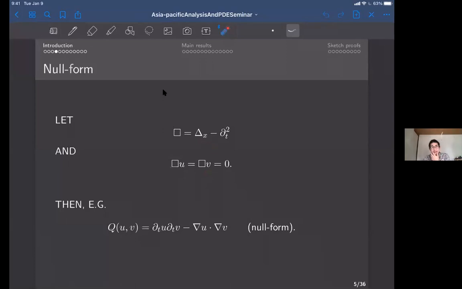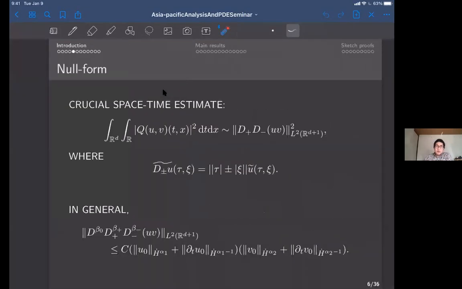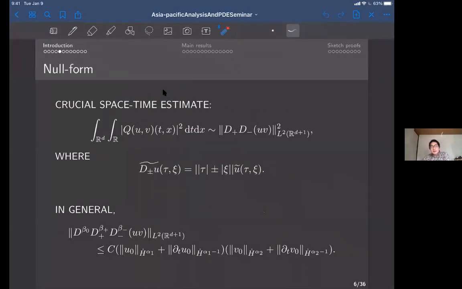There are actually several kinds of null forms, but the one related to here is this Q of u, v, defined by the product of the derivatives in time subtracted by the inner product of the derivatives in space. Then the critical space-time estimate for this is this L2 norm of the null form.